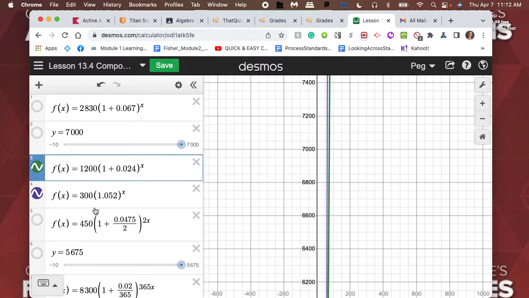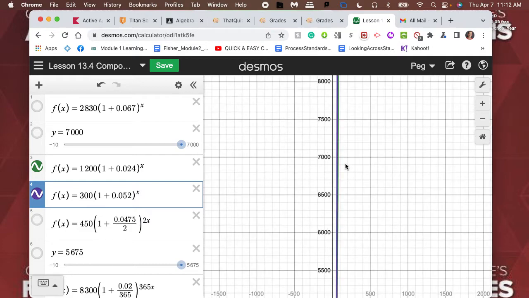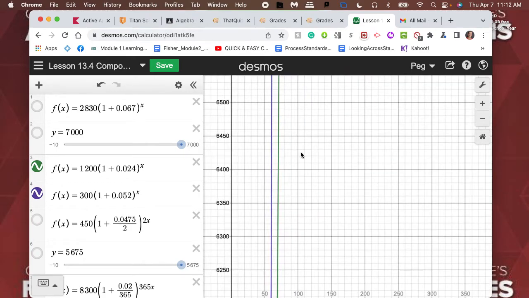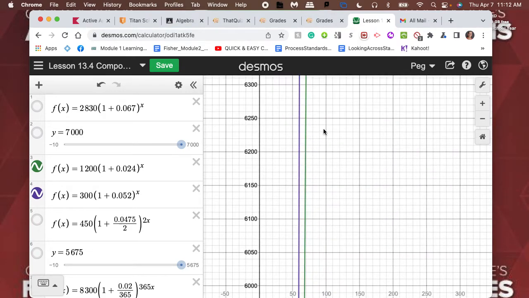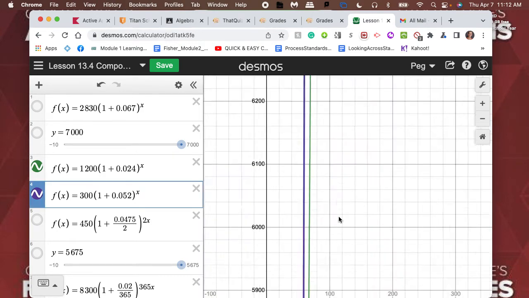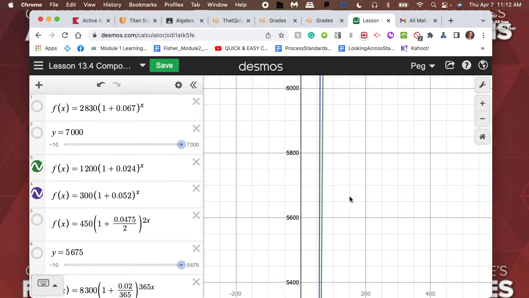It's just whatever makes sense. I still get the same graphs. I'm going to click on one of the colors, and it should show me where they intersect on the graph. I might have to zoom in a little bit. Still out of my range of view.